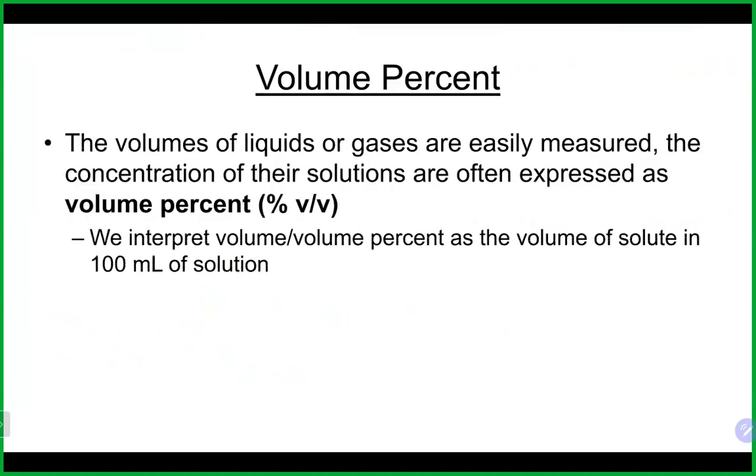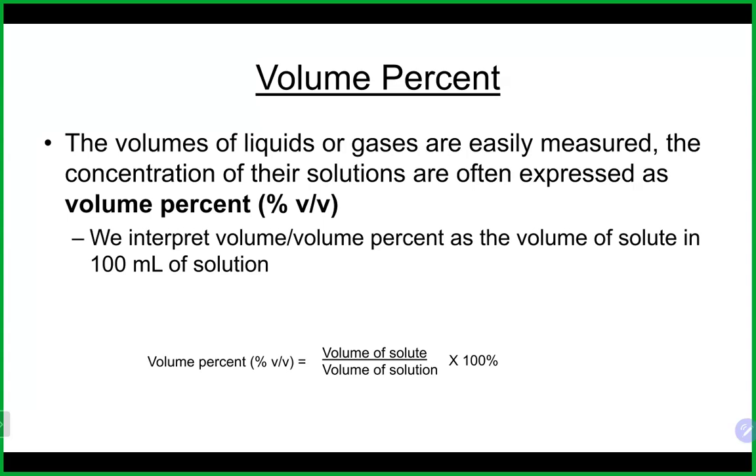Okay, so let's talk about some other percent concentrations where it is similar but a little bit different. The next one is percent volume to volume, and that is the volume of the solute divided by the volume of solution times 100%. So in a lot of cases, this is milliliters over milliliters.